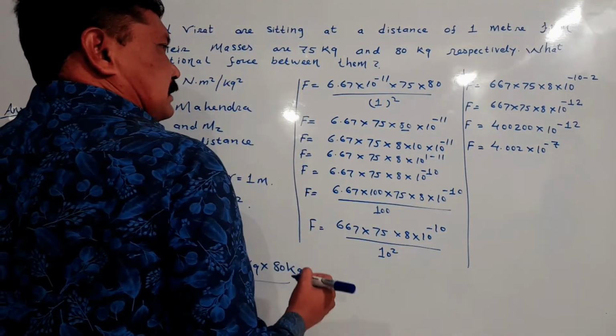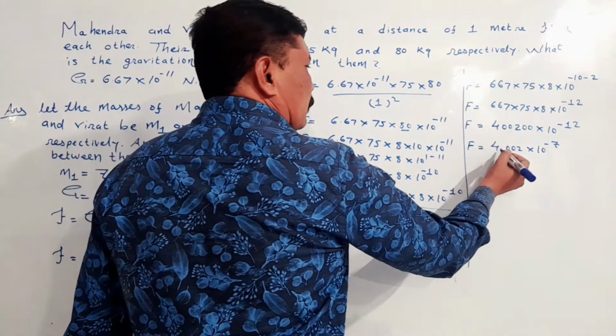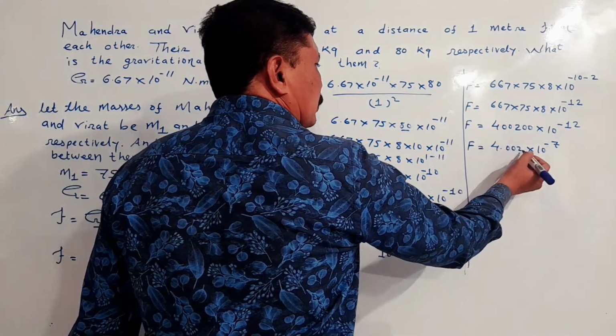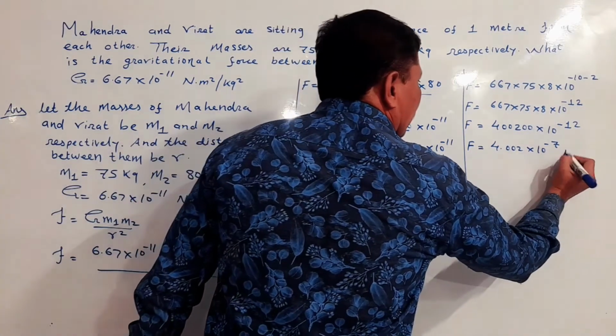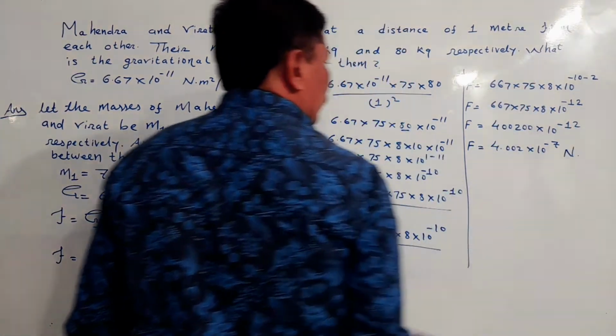And now our answer is force is equal to 4.002 into 10 to the power minus 7 Newton.